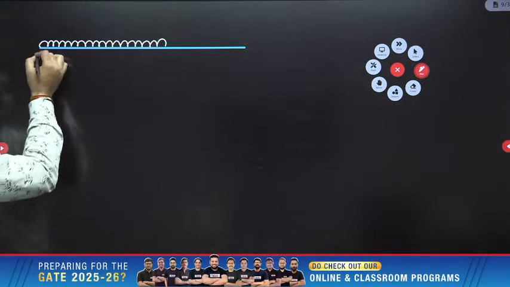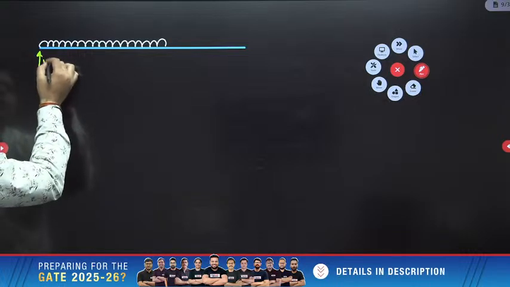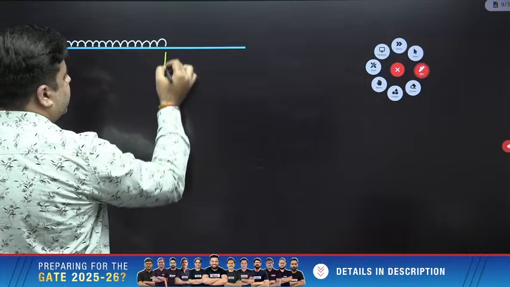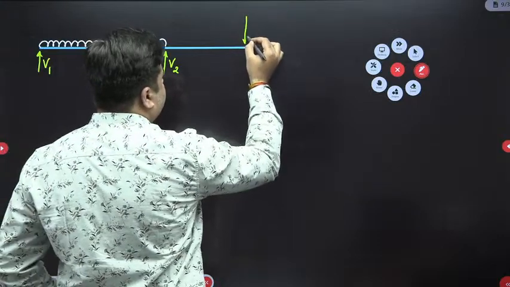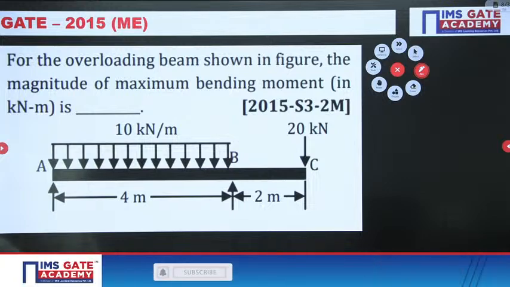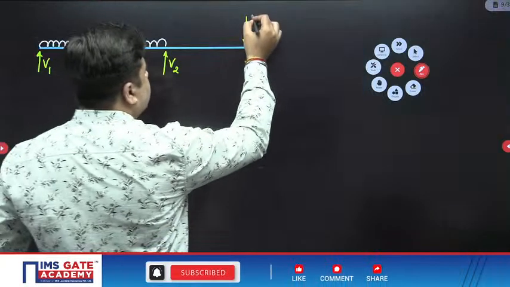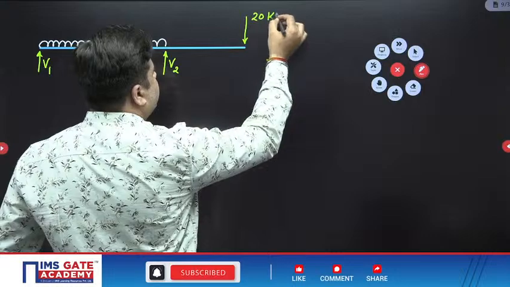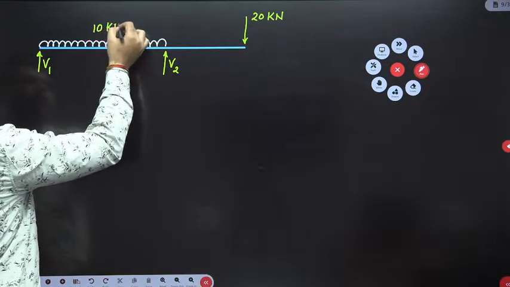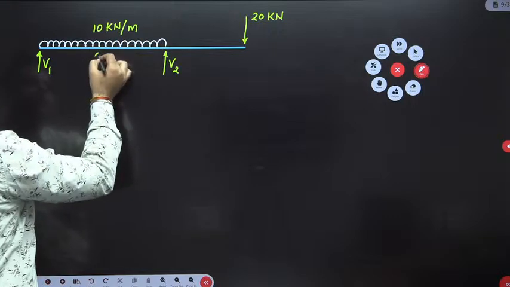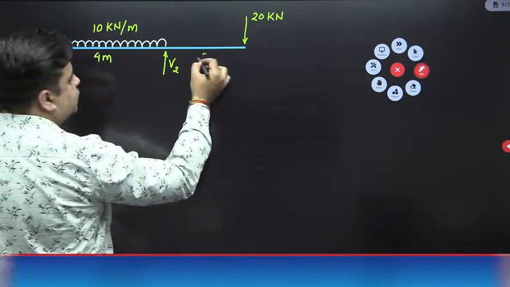You have one vertical reaction here, V1, and another vertical reaction here, V2, and you have a point load acting here. I think the magnitude of the point load is 20 kilonewton and this is 10 kilonewton per meter. This distance is 4 meter and this distance is 2 meter.